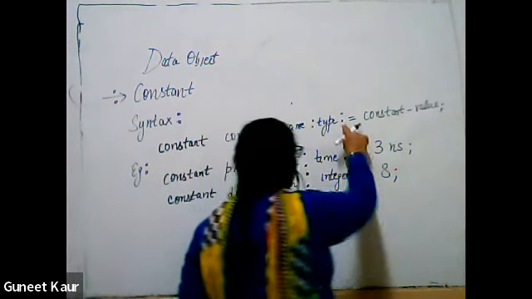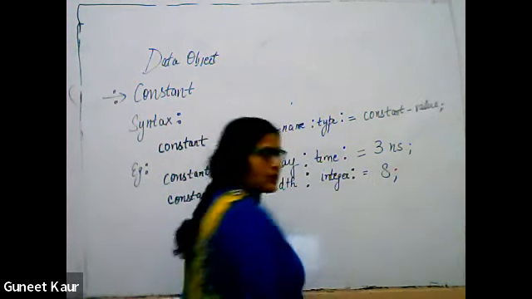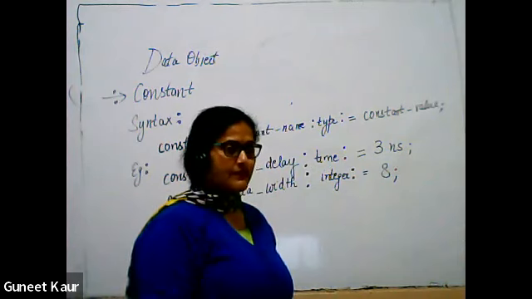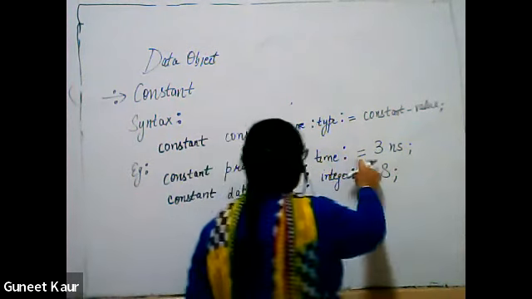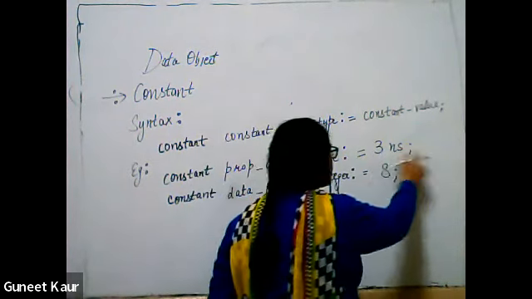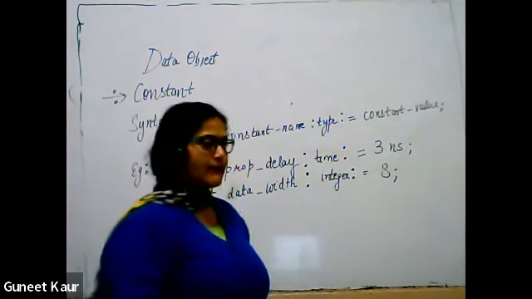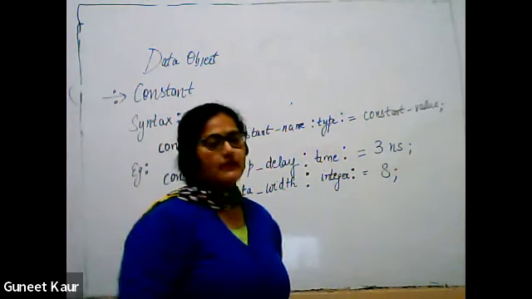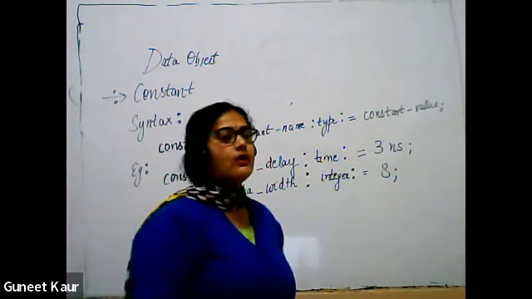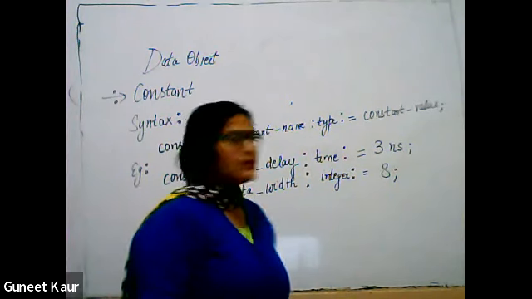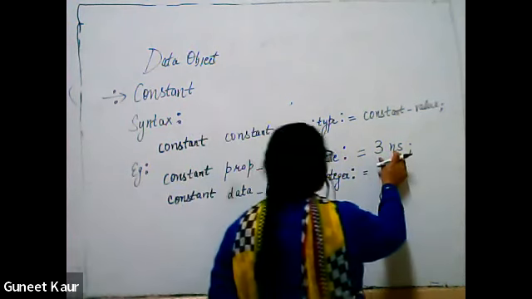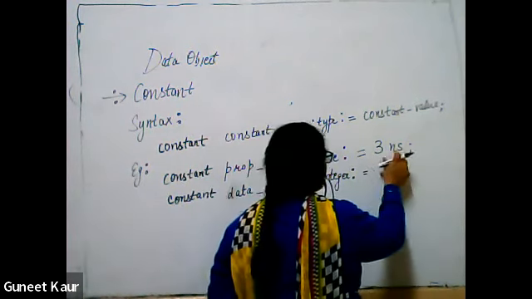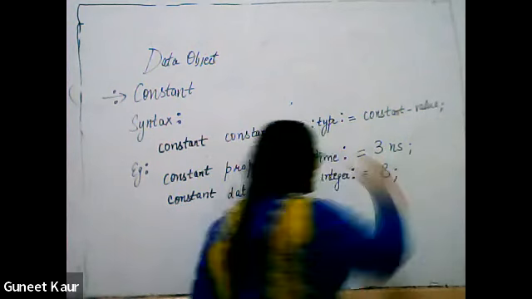Now colon equal to, according to the syntax I have written, equal to, time is given as 3 nanosecond. It can be varied, means you can give 5 nanosecond, 10 nanosecond according to your example. So randomly I have taken time as 3 nanosecond with semicolon.